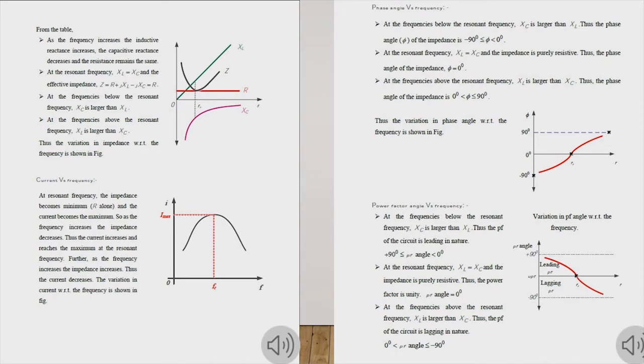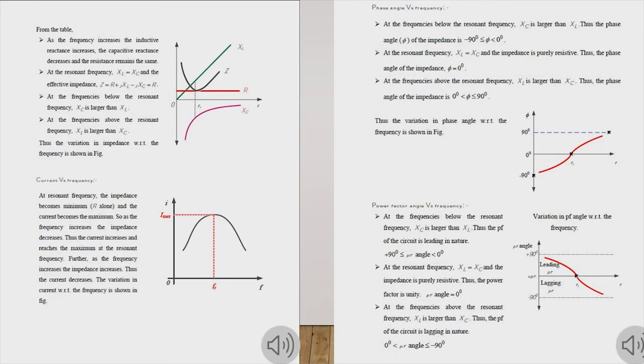At the resonant frequency, XL equal to XC and the impedance is purely resistive. Thus, the phase angle of the impedance phi equal to 0 degree. At the frequencies above the resonant frequency, XL is larger than XC. Thus, the phase angle of the impedance 0 less than phi less than or equal to 90 degree. Thus, the variation in phase angle with respect to the frequency is shown in figure.